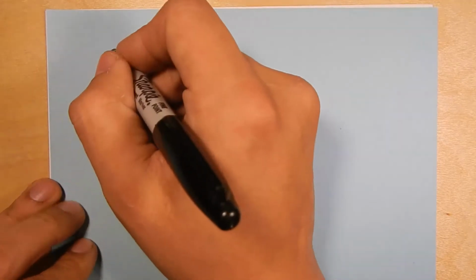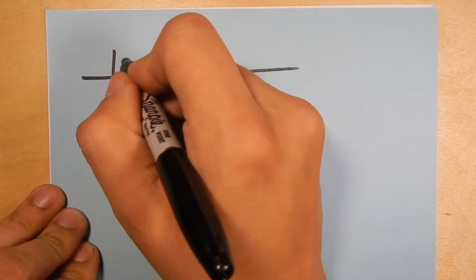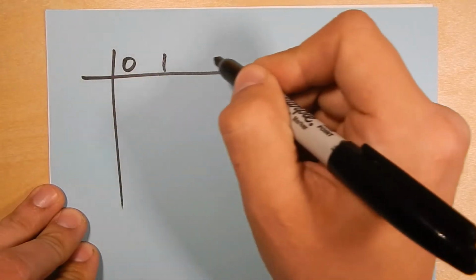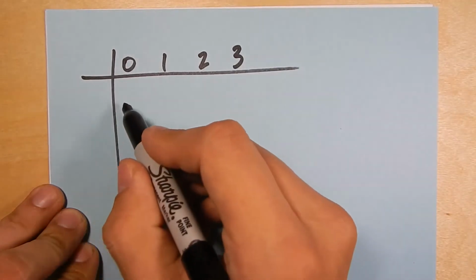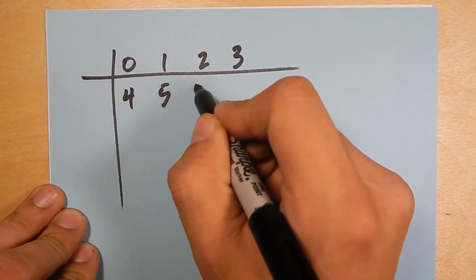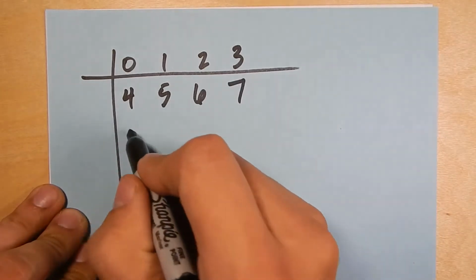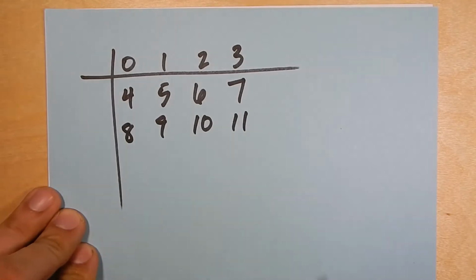So we're going to combine some information here. Let's try and make a chart here. So we have powers here. So to the 0, to the 1, to the 2nd, to the 3rd, and then to the 4th, to the 5th, to the 6th, to the 7th, to the 8th, to the 9th, to the 10th, to the 11th.